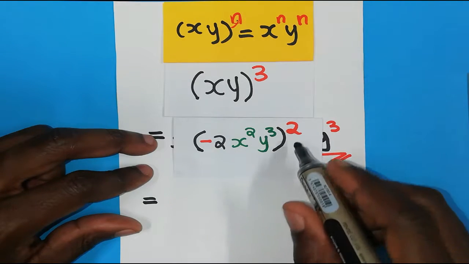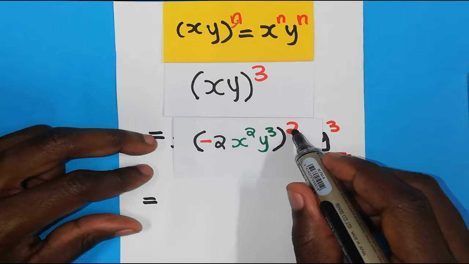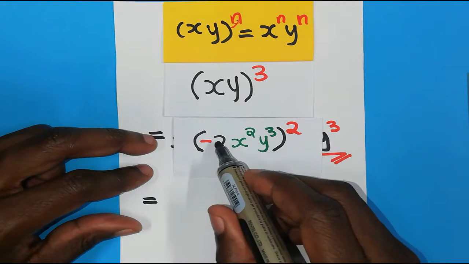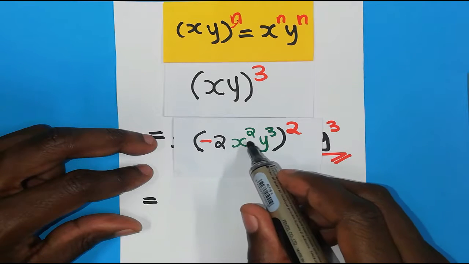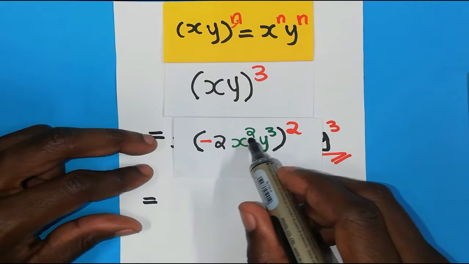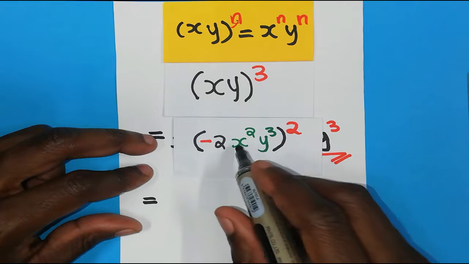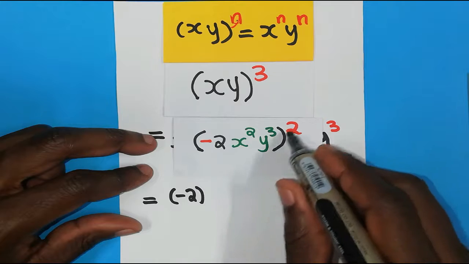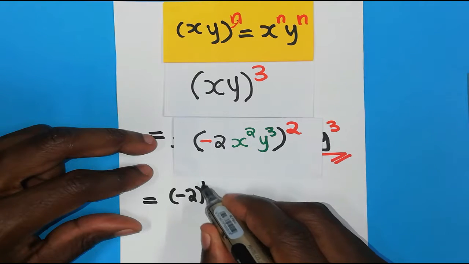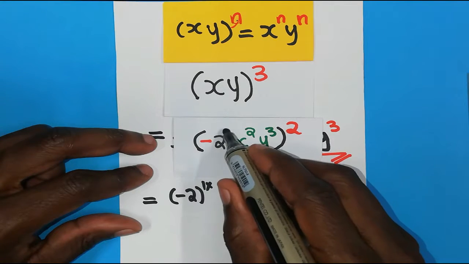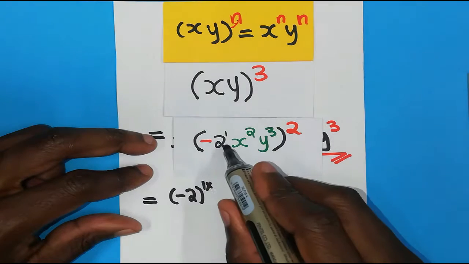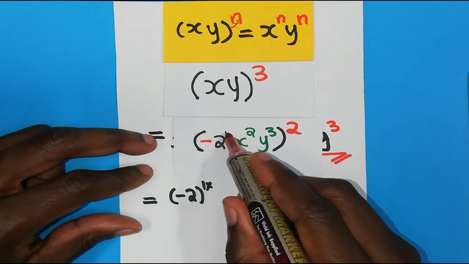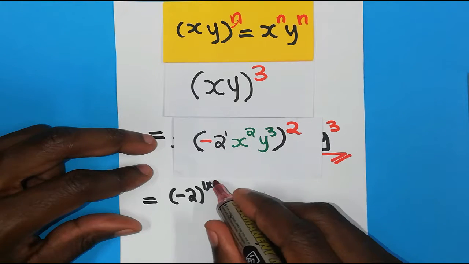So this 2 will multiply the exponent of each and every number and variable. So how are we going to break it down? We're going to have minus 2, and that will be 1 multiplied. This one is for the exponent of the 2, so it will be 1, that exponent, multiplied by that 2.